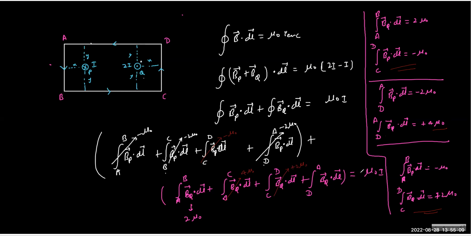And BQ D to A is 4 mu naught, right? Yes, sir. So you can see, if you add minus 1, minus 3, minus 4, minus 6, minus 6 is this side, and here 2, 6, 8, 2, 6, 8, 12. So minus 6 plus 12 is how much? 6. And this is equal to how much we got, mu naught into I.